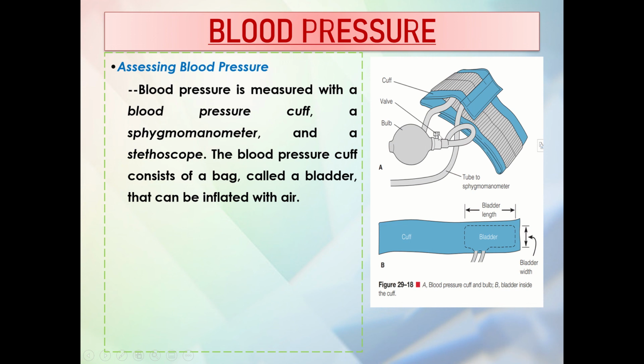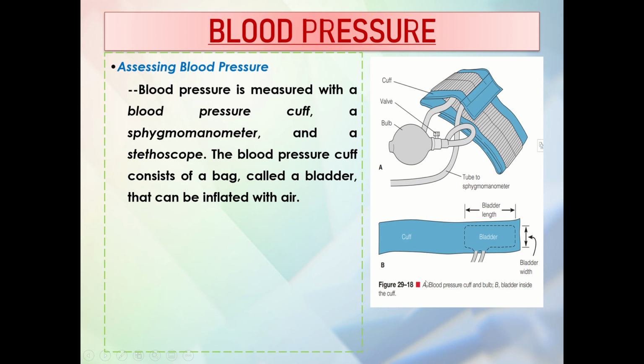Tapos other part, we have here the valve. Ito yung ino-open and pino-close natin. I-open natin kapag i-release na natin yung pressure, and then i-close kapag pinapump na natin. Okay, so this is the blood pressure cuff and bulb.